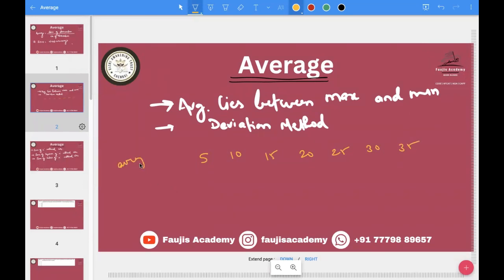What is the average? 20, sir. Absolutely. Because it's a continuous observation, the difference is 5 and the middle term is your average. So you understood that the middle term is your average.